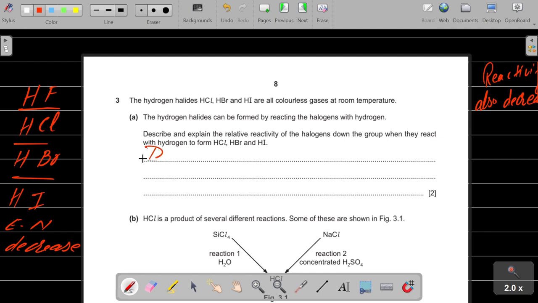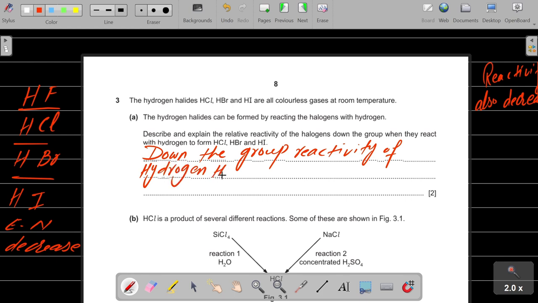So down the group, reactivity of hydrogen halides decreases due to decrease in electronegativity.